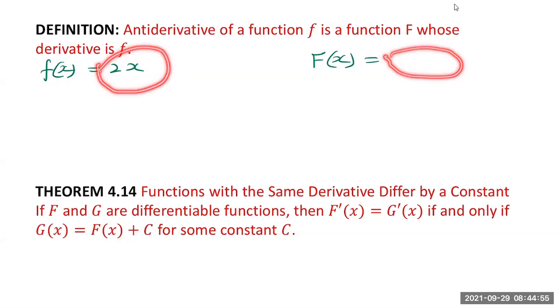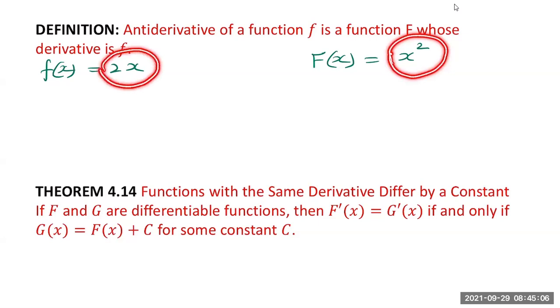Since we know differentiation now, we can easily see that if you take uppercase F of x to be x squared, the derivative of this function is going to be exactly 2x. In that case, we say that uppercase F of x is an antiderivative of the original function lowercase f of x. Remember, an antiderivative of a function lowercase f is a function uppercase F whose derivative is f.